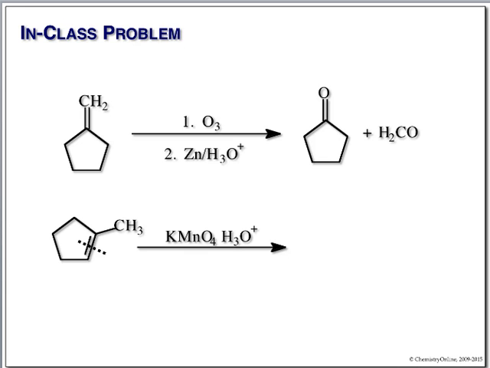Our bottom carbon has a hydrogen. If this was ozonolysis, it would be an aldehyde, but it's permanganate. So it's going to go to a carboxylic acid. Our ketone and our carboxylic acid are going to be separated by 1, 2, 3 CH2 groups. If you haven't written it, do it.